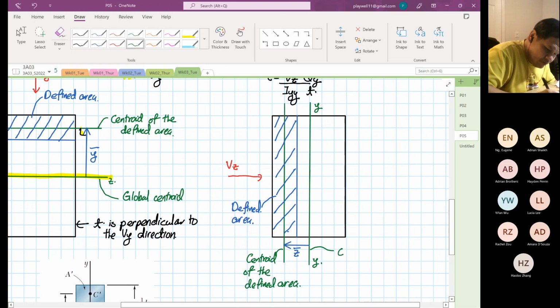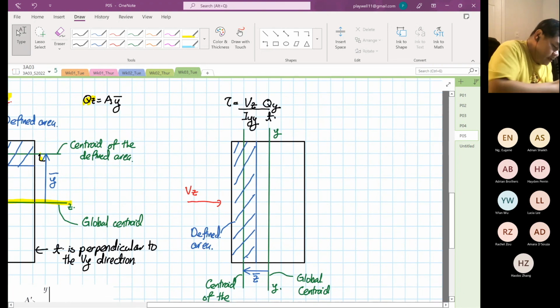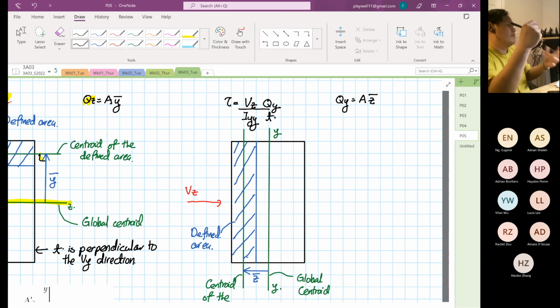This is our global centroid. So our Qy now is equal to A Z bar, the first moment of area. The word moment means it has to multiply by the perpendicular distance relative to the axis of interest. So that is our A Z bar.